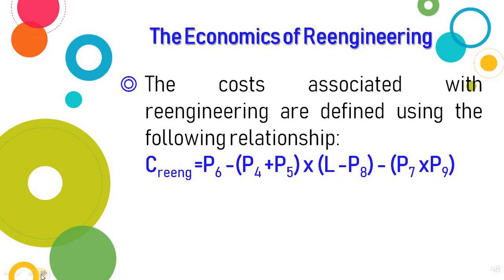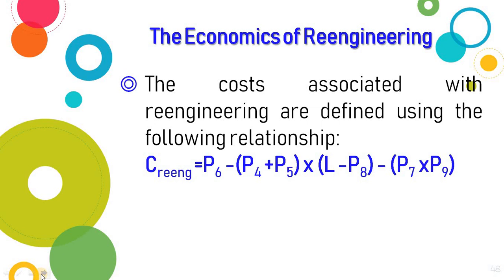Second measure is cost of re-engineering. Cost of re-engineering means what is the exact cost of applying re-engineering in an organization or in a product. That can be formulated as ((P6 minus (P4 plus P5)) into L) minus ((P8 minus P7) into P9).